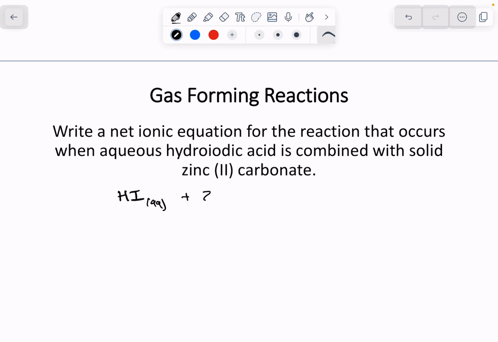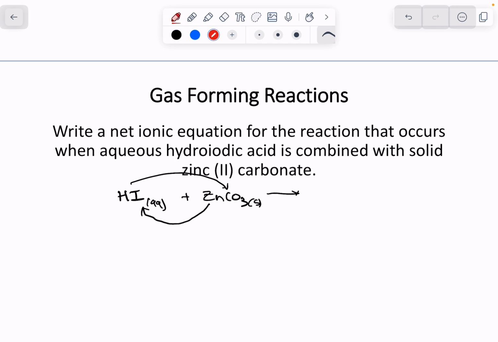That zinc is 2 plus and carbonate is CO3 2 minus. You're told it's solid, but in this double displacement reaction, the H is going to react with the CO3 and the zinc is going to react with the iodine.